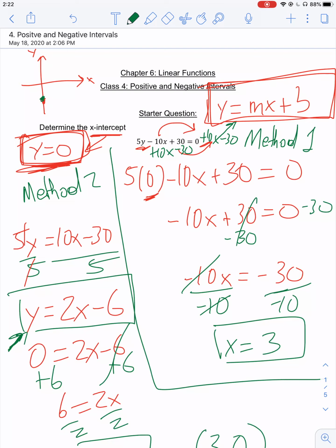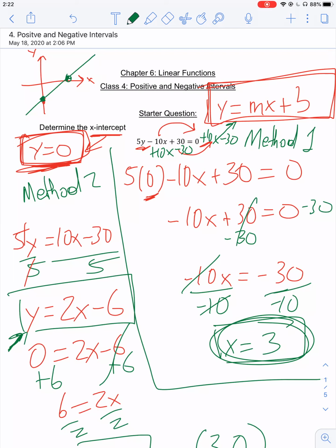So somewhere over here, and my x-intercept is 3. So my y-intercept is -6, it's coming from here. My x-intercept is 3, so I'm going to put a dot at 3 and then just connect this, okay?